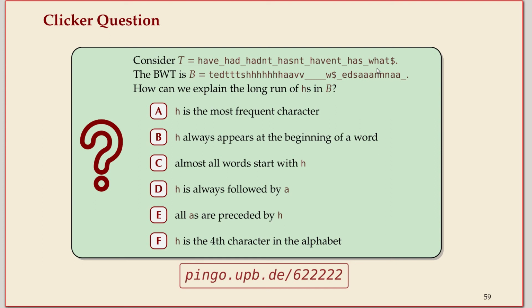So I want you to focus particularly on this run of H characters. And I'd like you to think about what this run of H's means and how you can explain that the BWT contains this run.